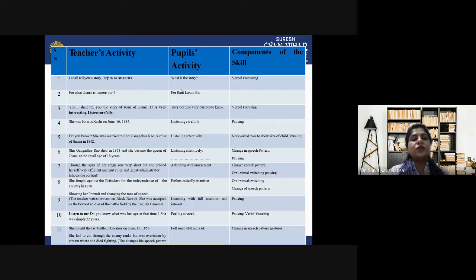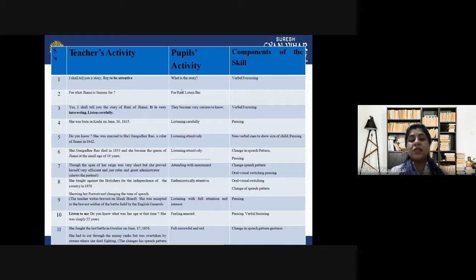Yes, I shall tell you the story of Rani of Jhansi. It is very interesting. Listen carefully. Again, verbal focusing. She was born in Kashi on June 16, 1835. Now, here is a pause, and students are listening very carefully. She was married to Sri Gangadhar Rao, a ruler of Jhansi, in 1842.